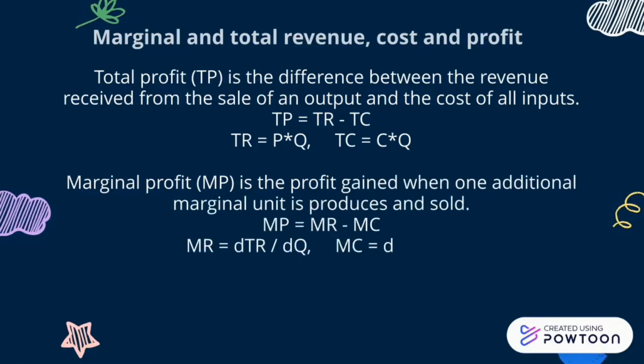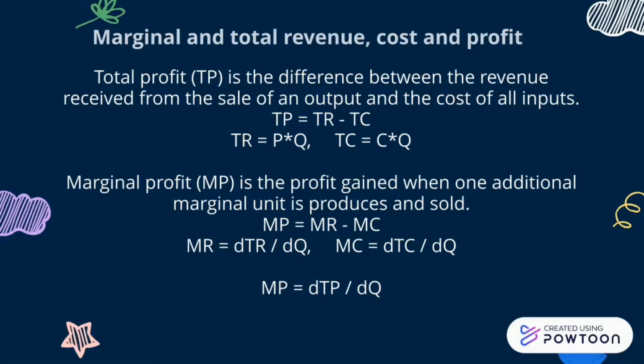Marginal profit is the profit gained when one additional marginal unit is produced and sold. In other words, marginal profit is the difference between marginal revenue and marginal cost, where marginal revenue is the derivative of total revenue with respect to quantity, while marginal cost is the derivative of total cost with respect to quantity.